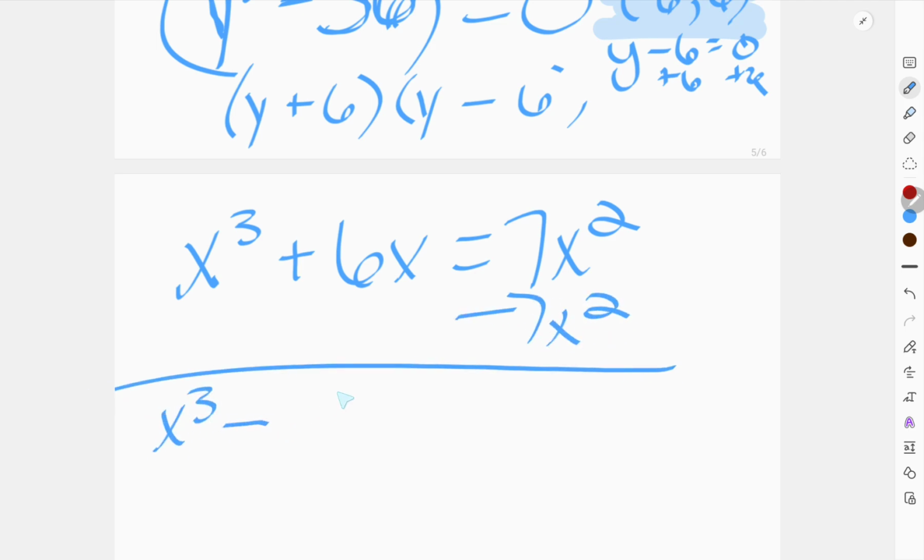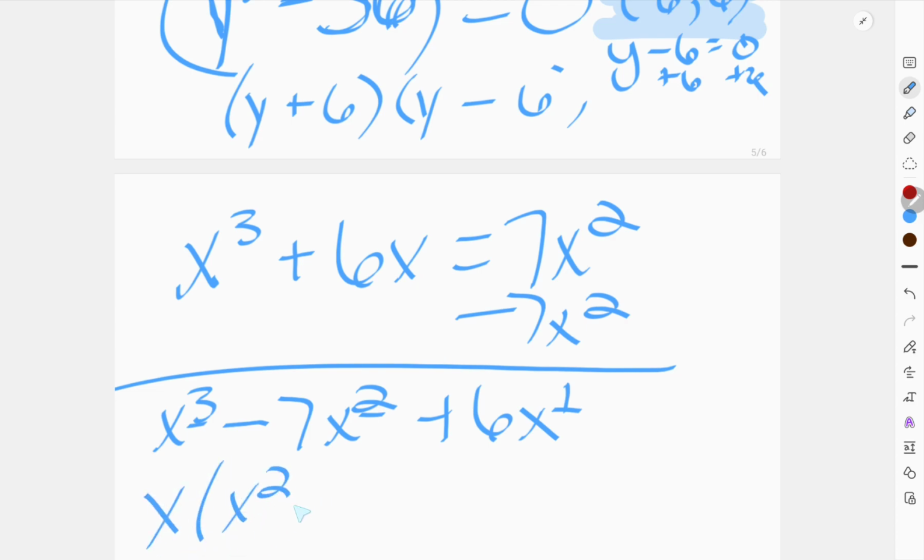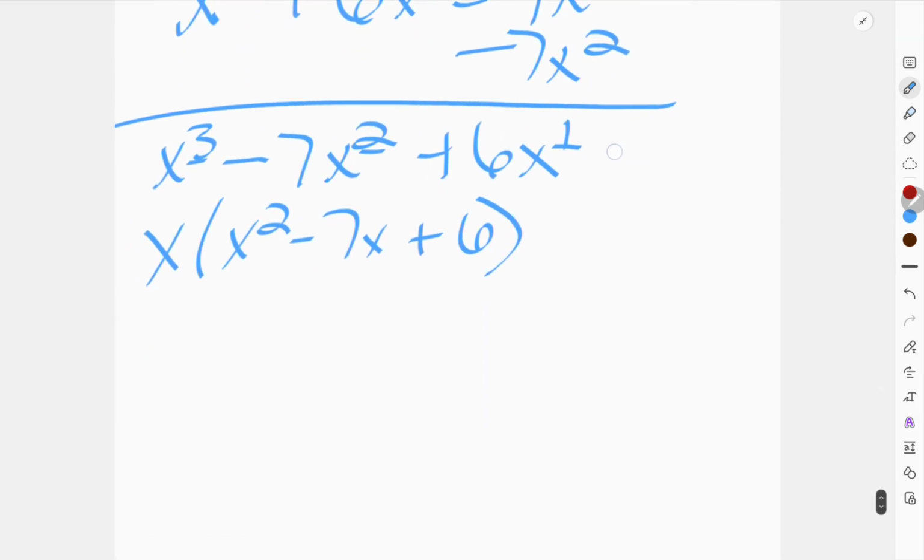Then I get x to the third minus 7x squared plus 6x. I did that because you go from largest to smallest in your exponents. So there's an x in all three of these. I need to factor that out. If you don't understand how I just got that, you need to pause it and stare at it for a minute and figure it out.